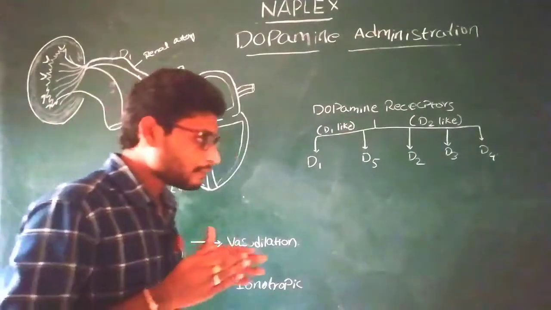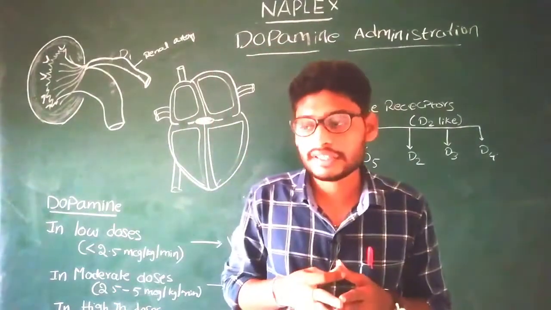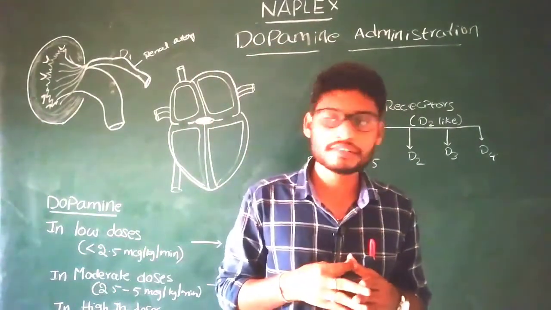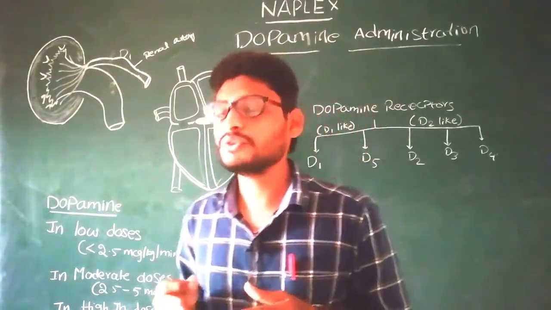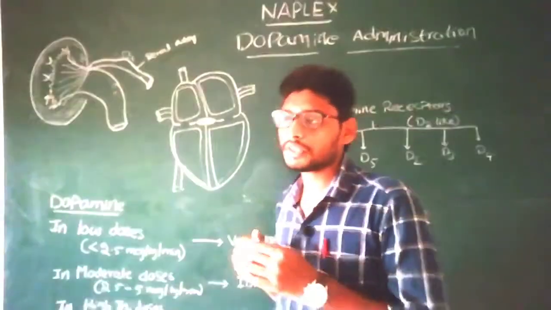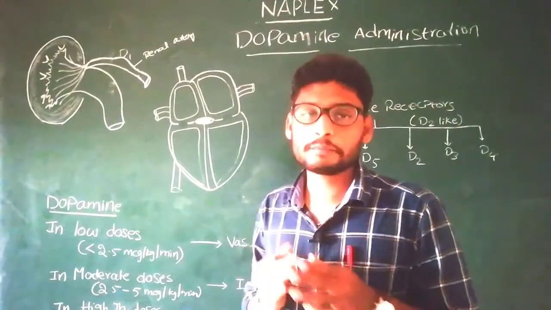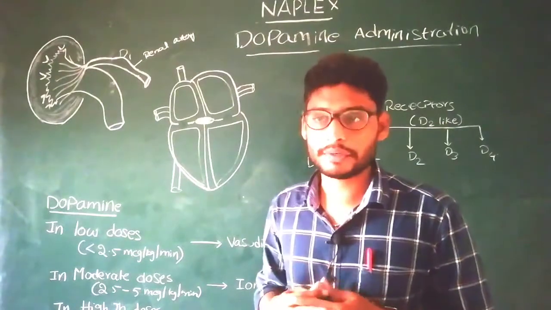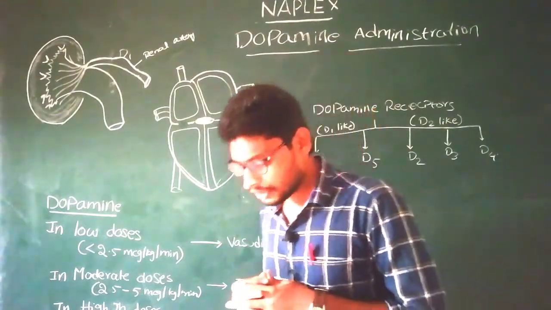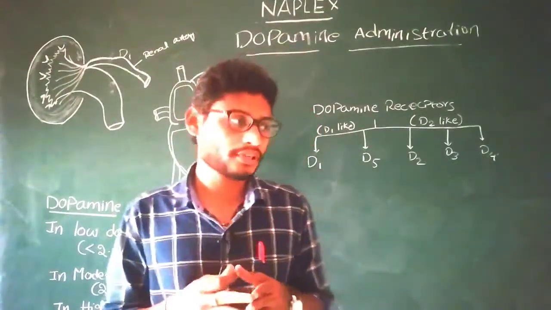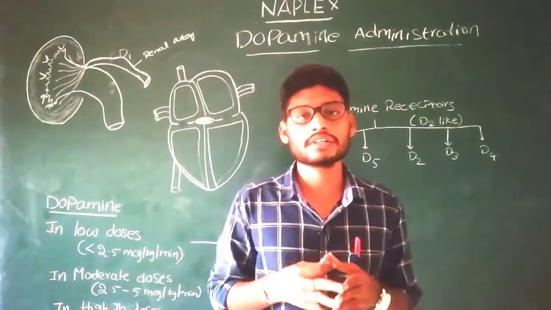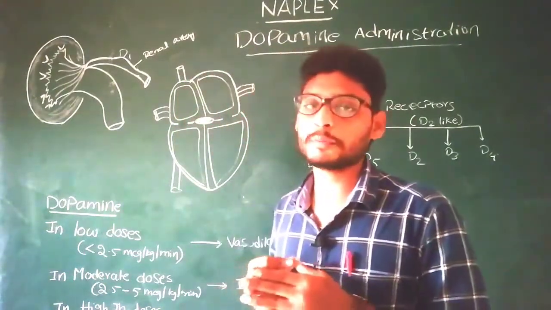Dopamine administration is essential in persistent hypotension. Usually in persistent hypotension, we first administer plasma expanders. Even after plasma expanders, if the patient's condition is not treated, then we go for dopamine.